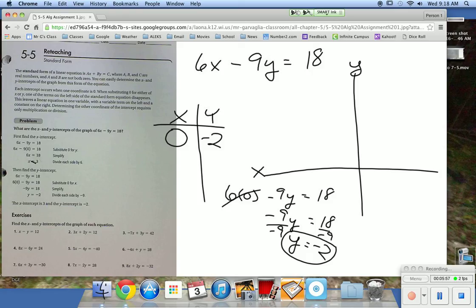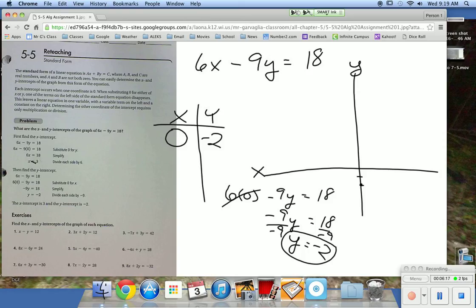I can plot that point: 1, 2, negative 2. This is where x equals 0 and y equals negative 2.